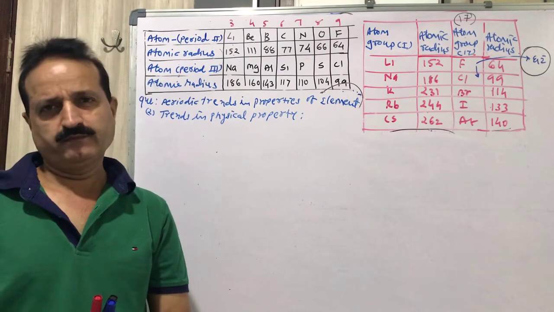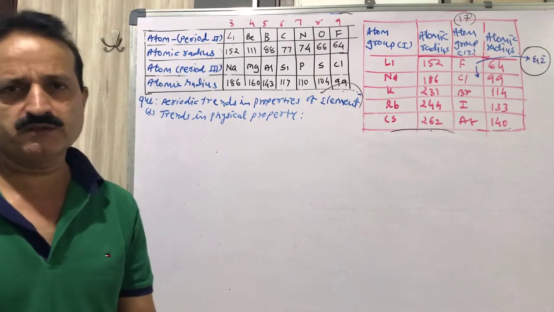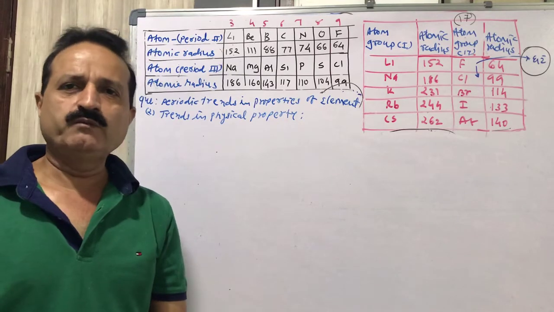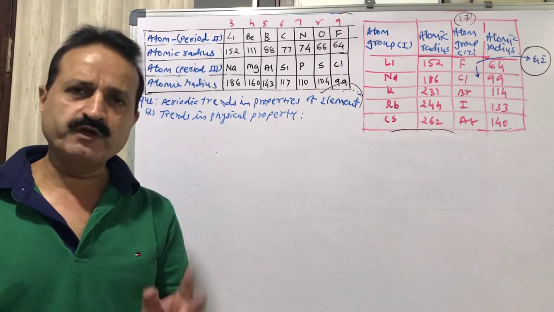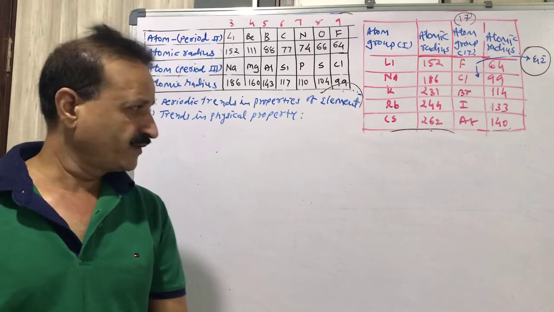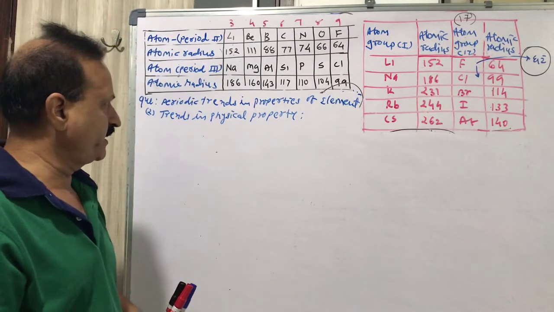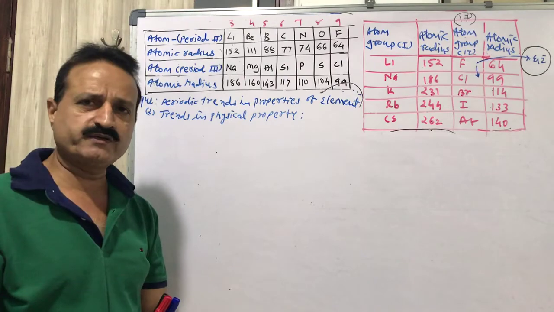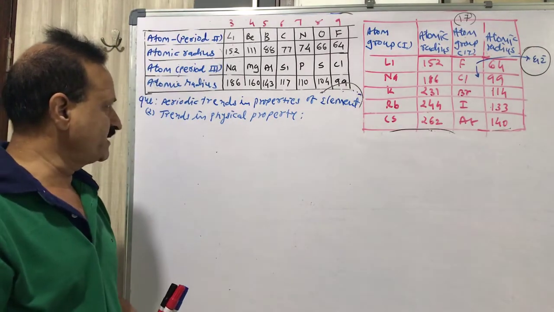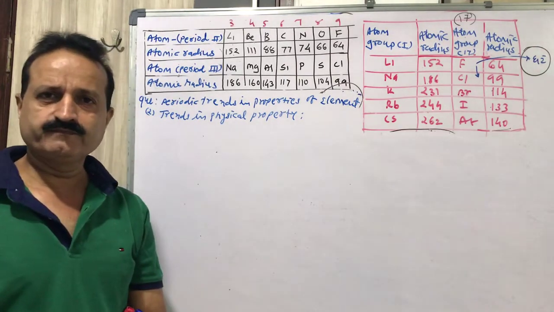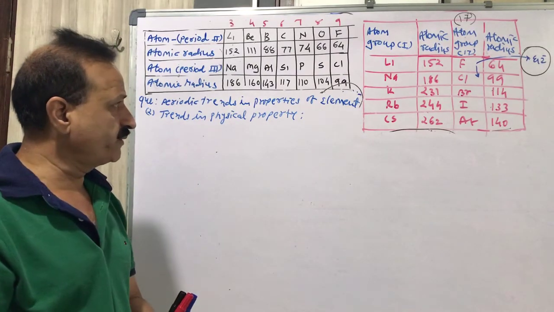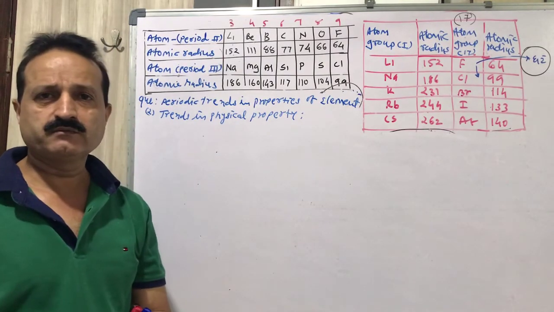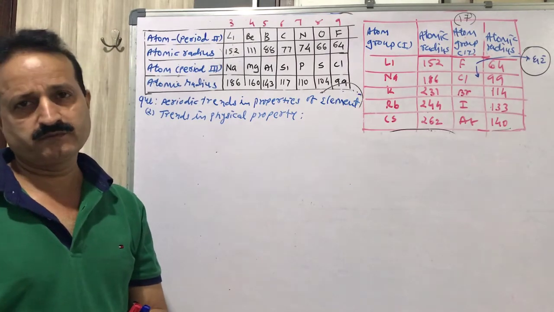So today we are going to discuss again a very important topic. I have written two questions. First question is periodic trends in properties of element, and second, trends in physical property. Periodic trends in properties of element explain what?